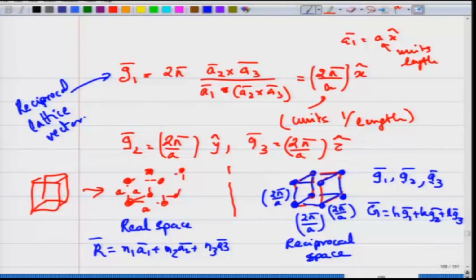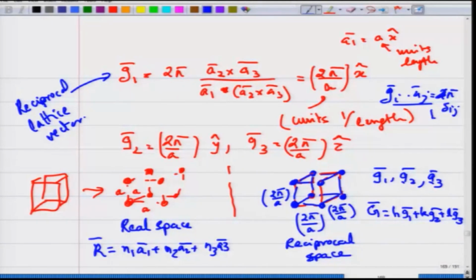One is the real space, which you are familiar with, linear combinations of a1, a2, a3, and corresponding to the same lattice in reciprocal space you can generate another set of points with these vectors g1, g2, g3, which you can calculate explicitly using the condition that gi dot aj is equal to 2 pi times delta ij.